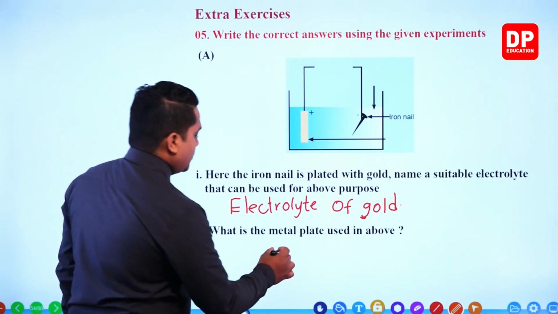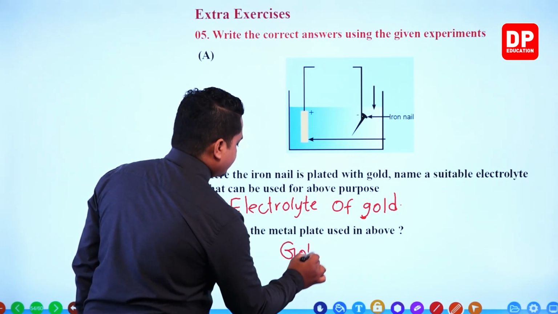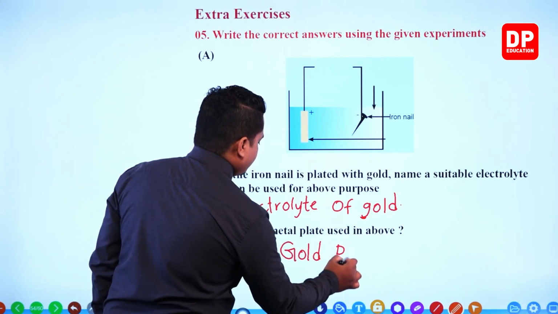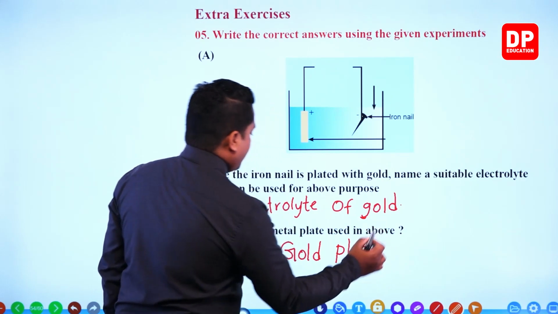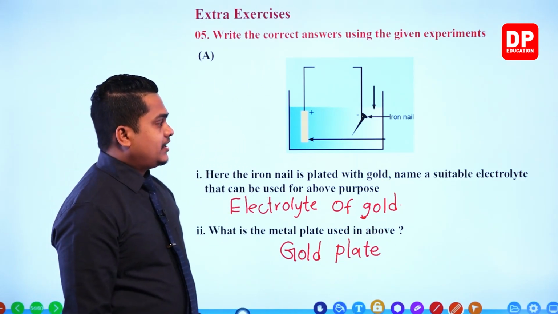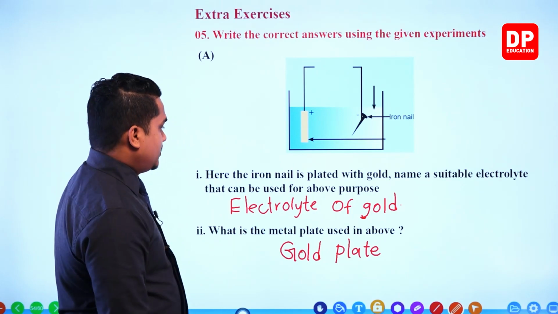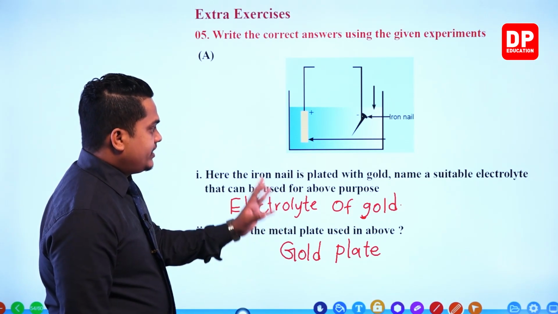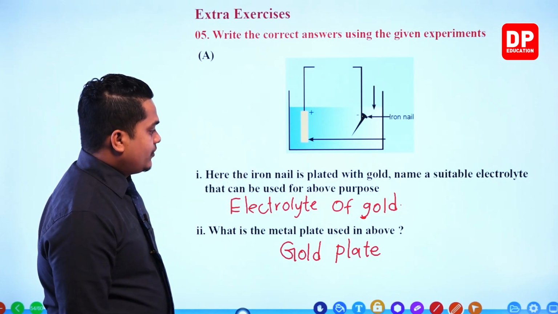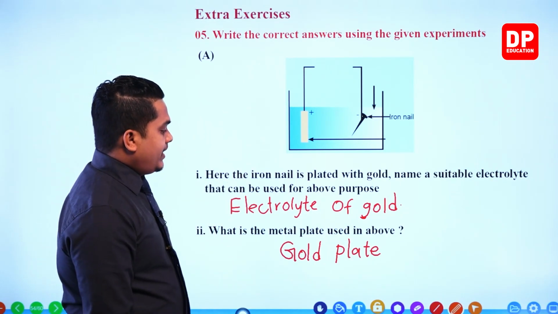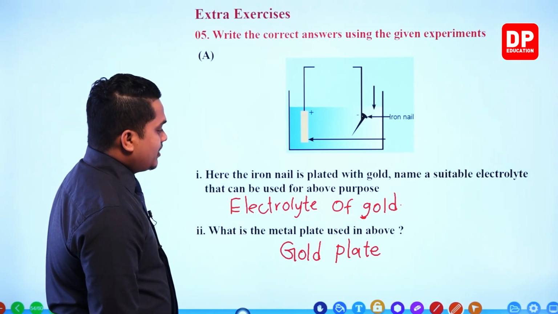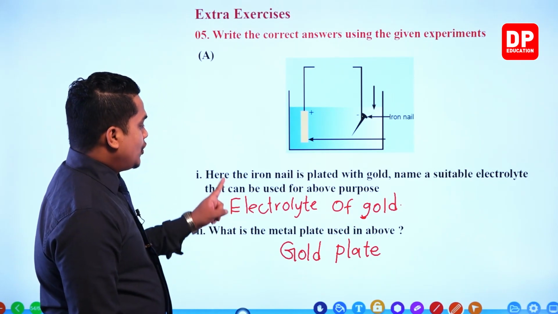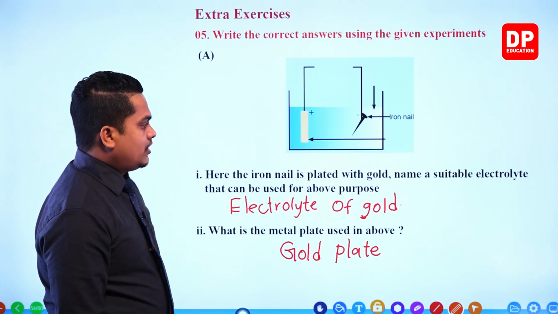Definitely it should be a gold plate. We know that if we are plating gold, then definitely it should be a gold plate. Right. So electrolyte of gold is the electrolyte that we are going to use, and gold plate is the metal plate which we are using here to plate iron nail with gold.